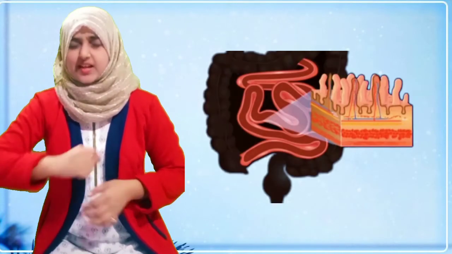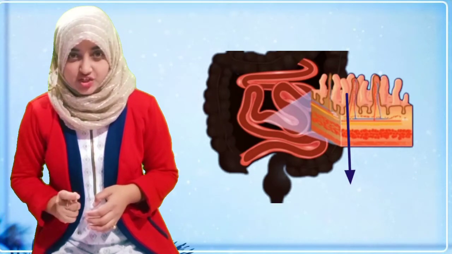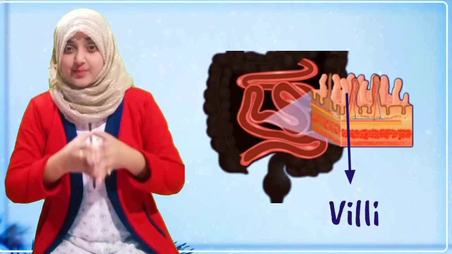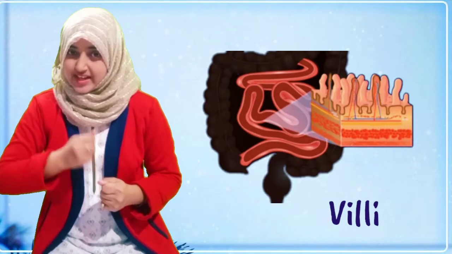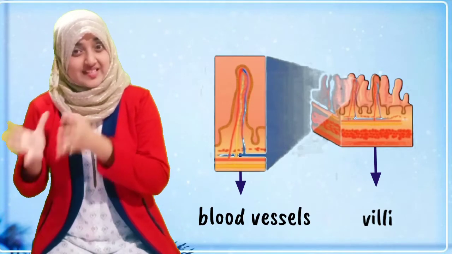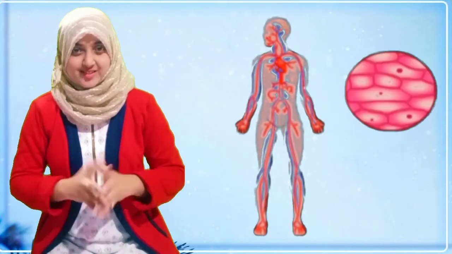The inner lining of the small intestine has millions and millions of tiny, finger-like projections called villi. These villi absorb the nutrients from the digested food and supply them to the blood vessels. These blood vessels in turn supply the nutrients to all the body cells.